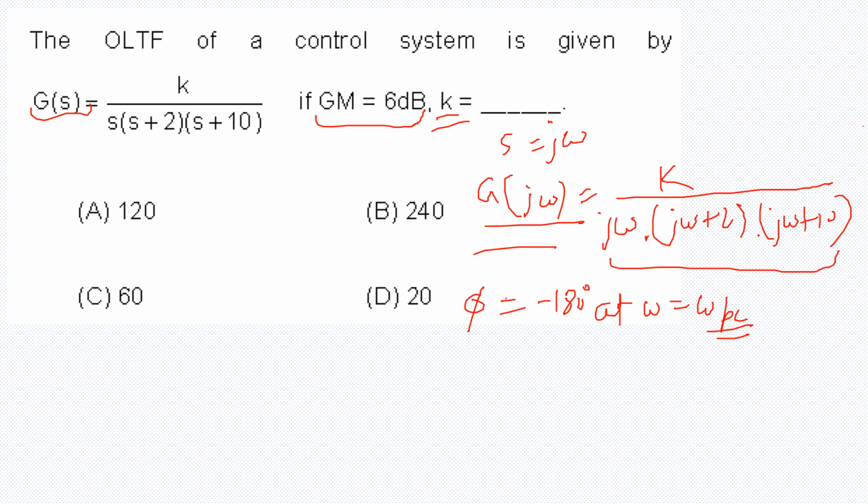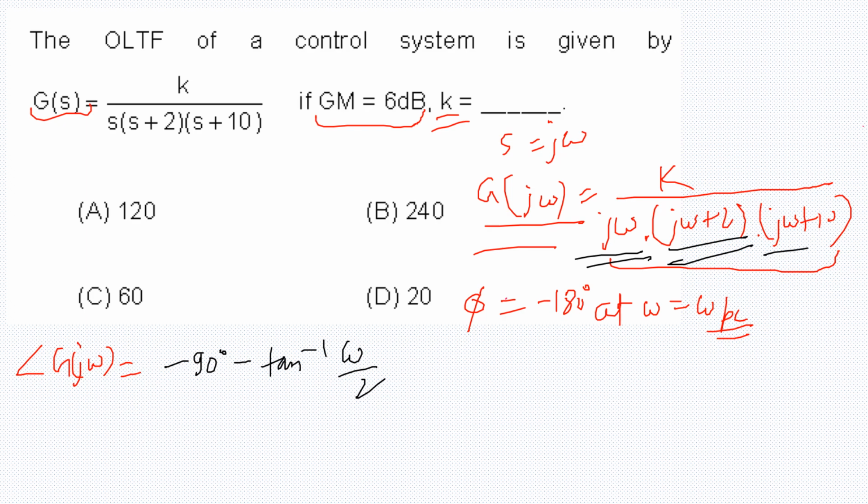So the phase of the system, if I write it as angle G(j omega), will be given as: the 1 by j omega gives you minus 90 degrees, this function gives you minus tan inverse of omega by 2, and this gives you minus tan inverse of omega by 10.